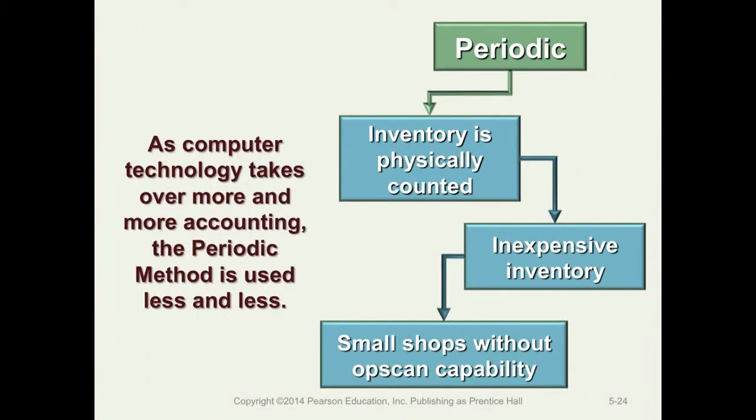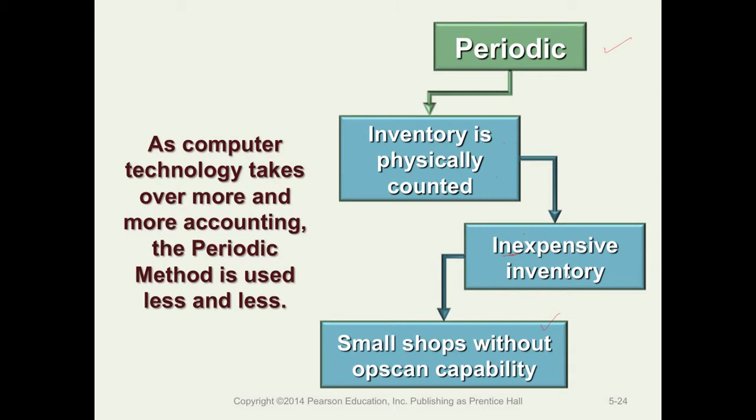So to summarize, in a periodic inventory system, a physical count is required to come up with your ending inventory. Usually you might want to use this for inventory that is not of high value, and for a company that does not have an ability to scan the barcodes or scan the inventory.